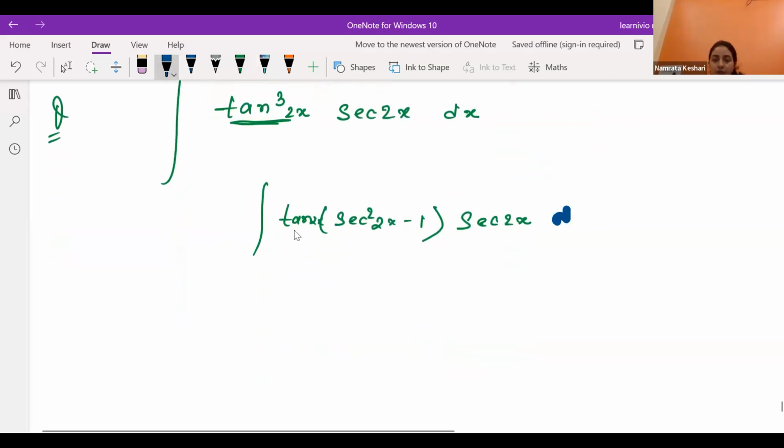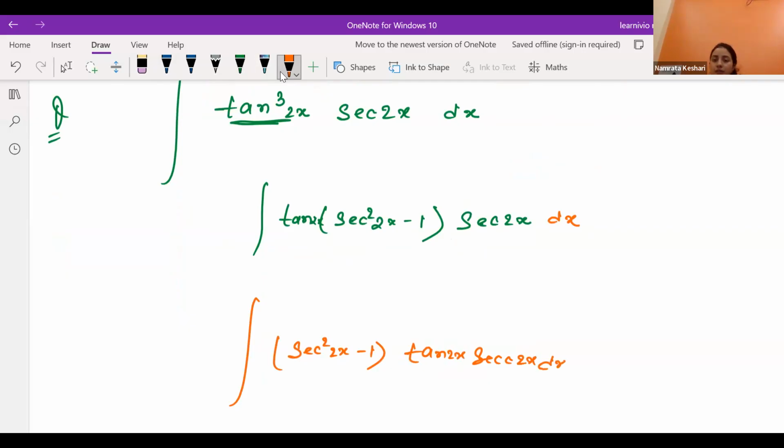Let me write it properly. We will be writing this as sec square 2x minus 1, and what else we are having? Tan 2x, sec 2x dx, right Annapurna?